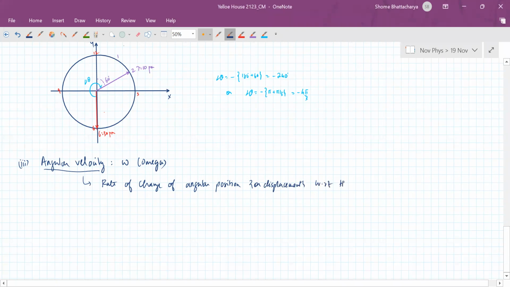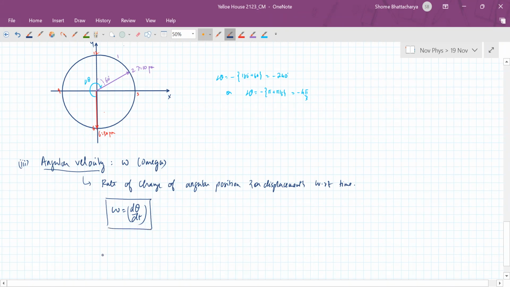We define what we call instantaneous angular velocity as instantaneous rate of change of position, d theta divided by dt, or displacement divided by time for a very small interval of time dt.